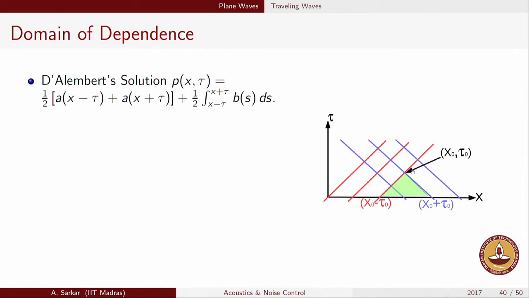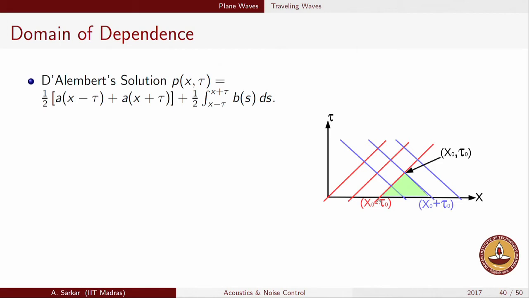So, what happens at, let us say, the 1 comma 1 point will be dictated by the initial condition of A at 1 minus 1, which is 0, and 1 plus 1, which is 2. So, 1 minus 1 happens to be this point, and 1 plus 1 would happen to be that point, right.